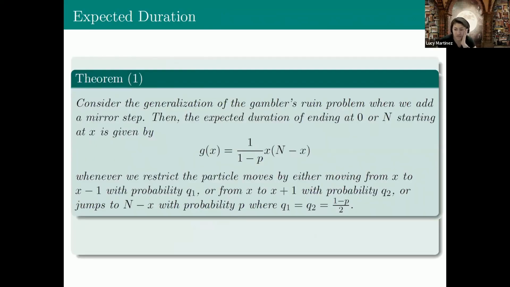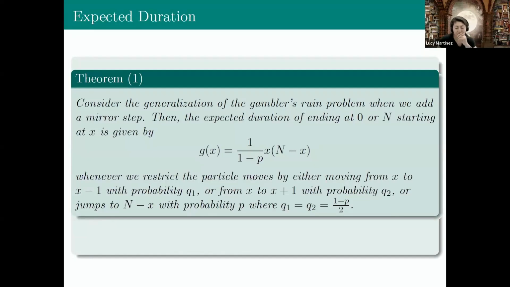The formula for the expected duration of ending at 0 or n in the mirror step variant, where we are focused on the symmetric case, is just the following formula, where again we see x times n minus x, but we have to multiply by 1 over 1 minus p.